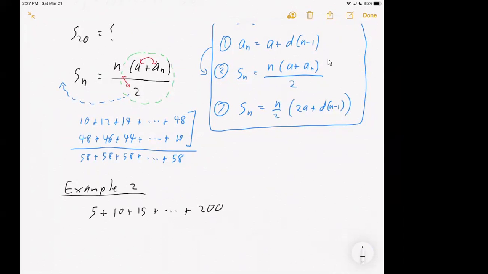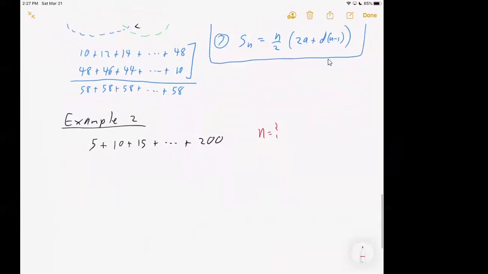Okay, so if we look at this, we could use possibly formula number 2, except we don't know what n is. So n is a question mark. That actually rules out using formula 2 or formula 3 for now. So the only thing left is to use formula 1 to determine what n is, and then we could probably use formula 2 from there.